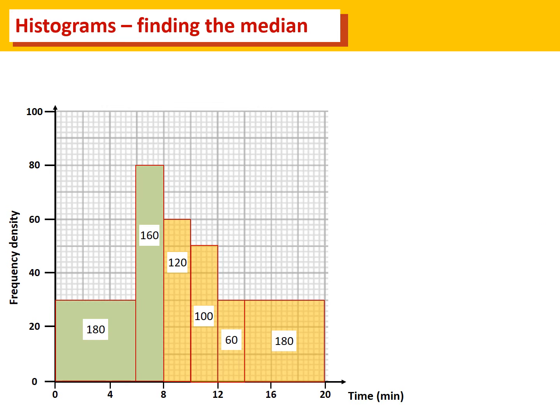If we look at our first two bars, we find that we have an area of 340. We need an area of 400. So we need another 60 from that third bar. Now, as it happens, that third bar is an area of 120, so 60 would represent half that bar.